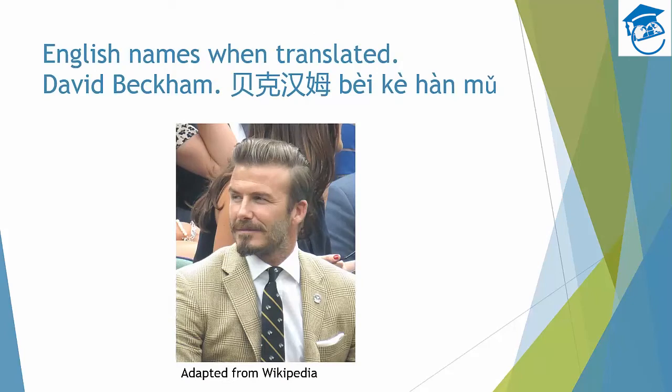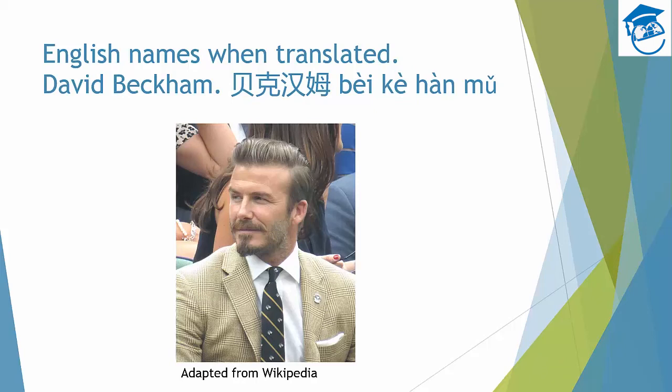Okay, in Chinese newspapers, we tend to translate English names. So an example here is David Beckham. It is translated as 贝克汉姆. Okay, those 4 words address his family name, Beckham.